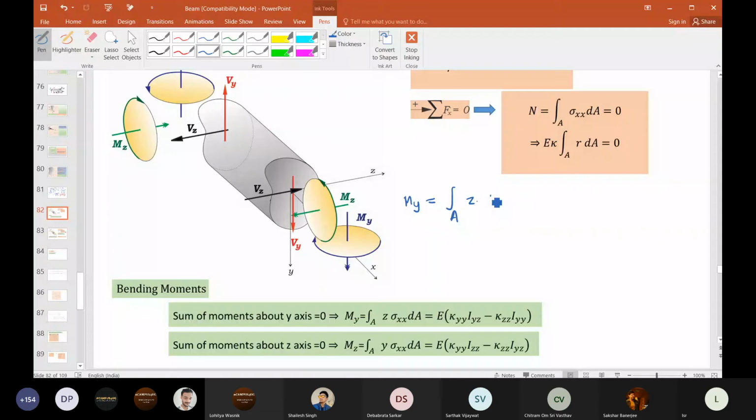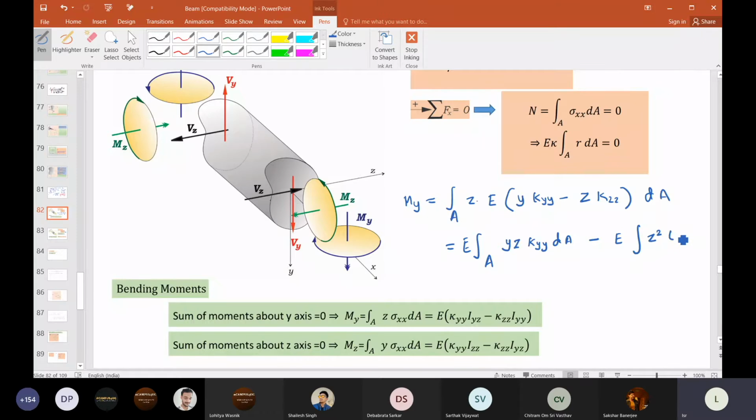E into kappa y sine beta minus kappa z, into dA. This is equal to, E I take outside because it is constant, kappa y integral of yz dA minus E kappa z integral of z square dA.